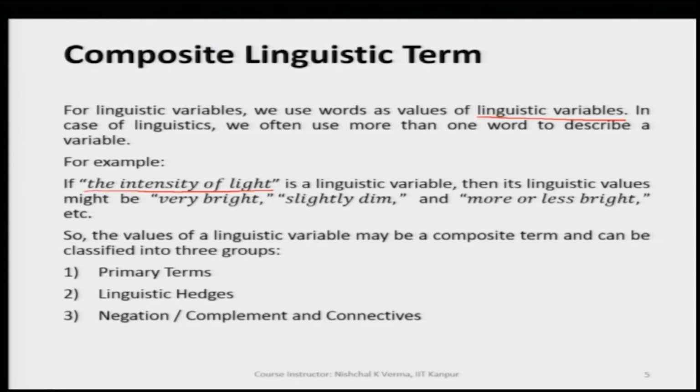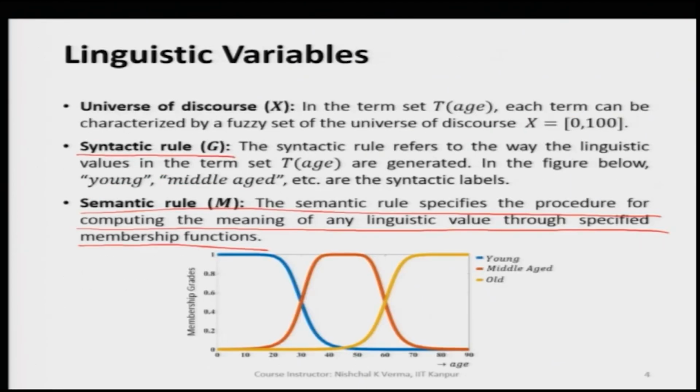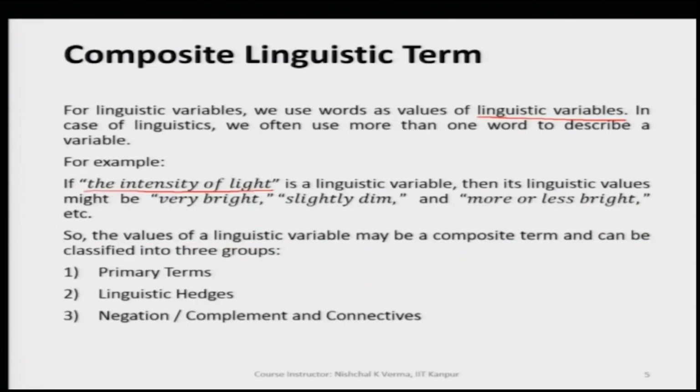The term set here for this case, if it is the intensity of light, could be simply either low or high or medium, or maybe dim, bright. These kinds of fuzzy regions or the linguistic values can be included in the term set, and similarly the syntactic and semantic rules could be created for this linguistic variable, the intensity of light.